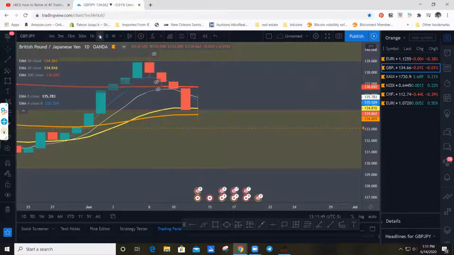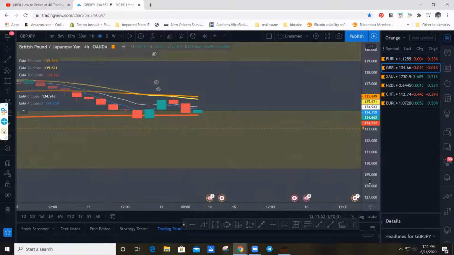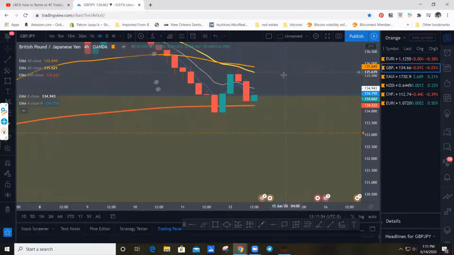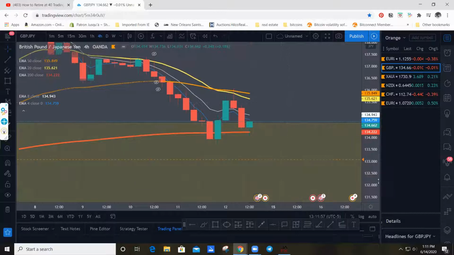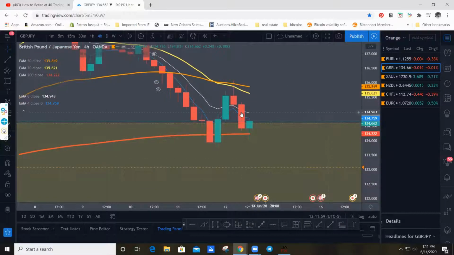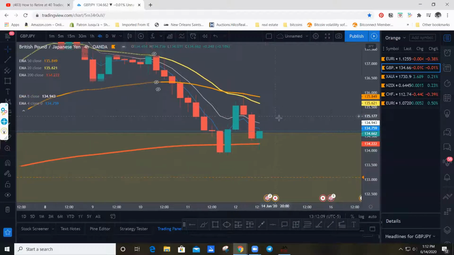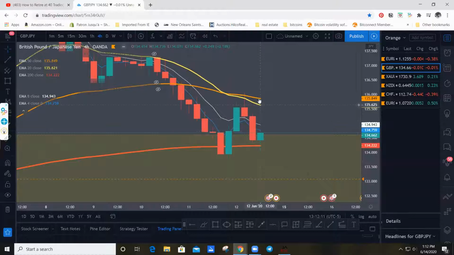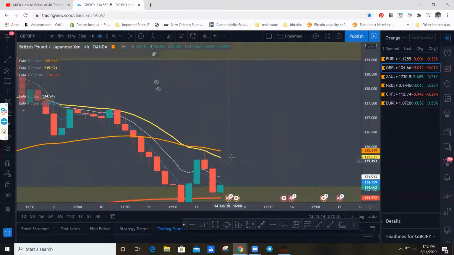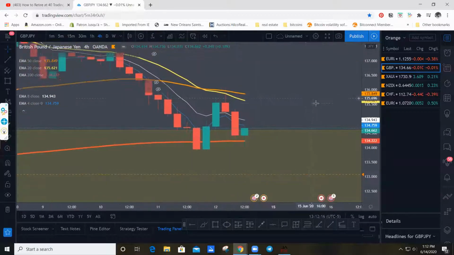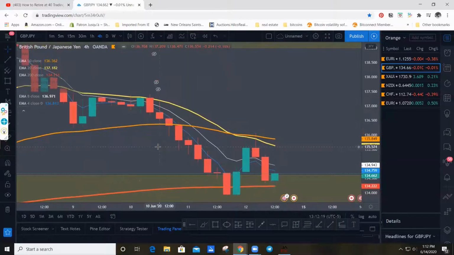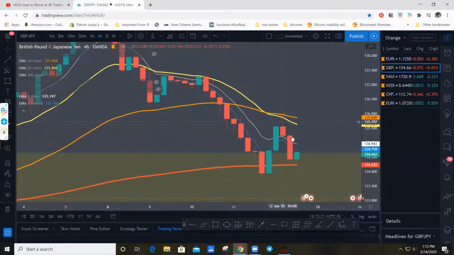Let's see something. There's resistance at 200. You can see price going back up to here, but on the downward slope it had a rejection, so that's why it's right here.